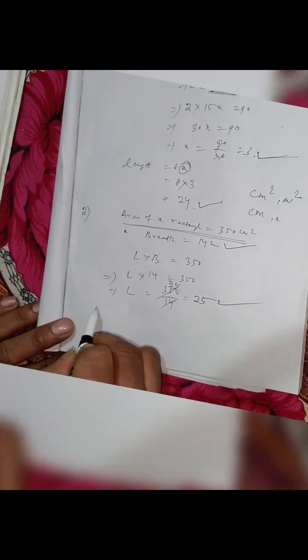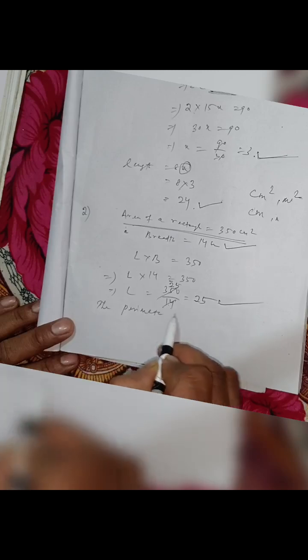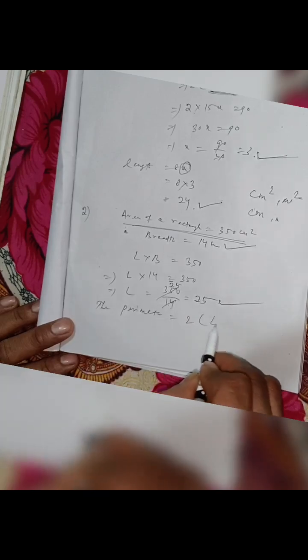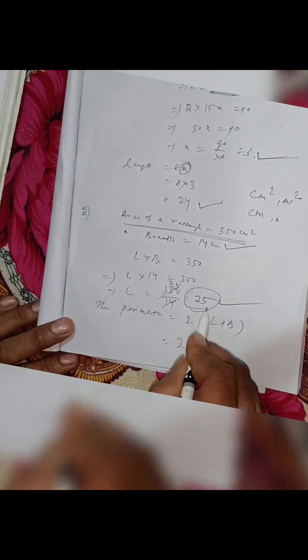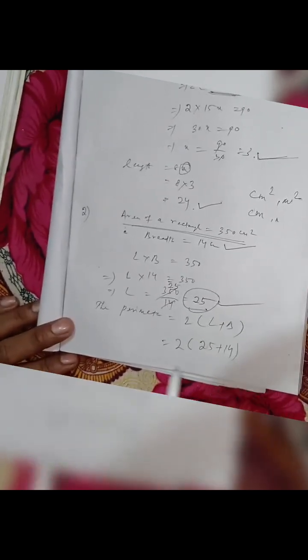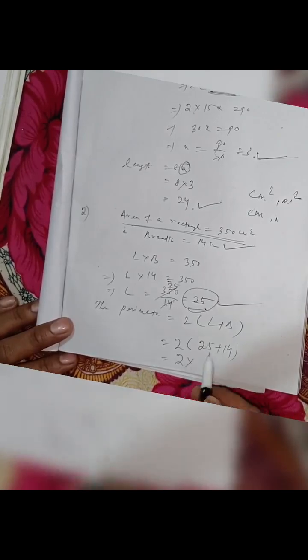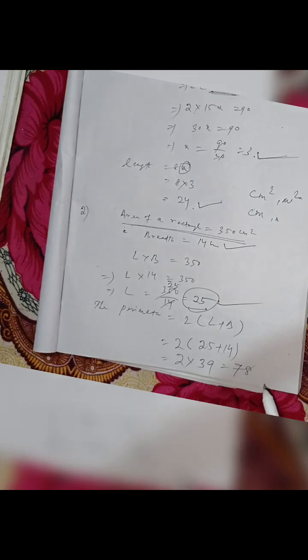Then the perimeter formula is 2 into (L plus B), that is 2 into (25 plus 14), which is 2 into 39, that is 78. Your perimeter will be 78.